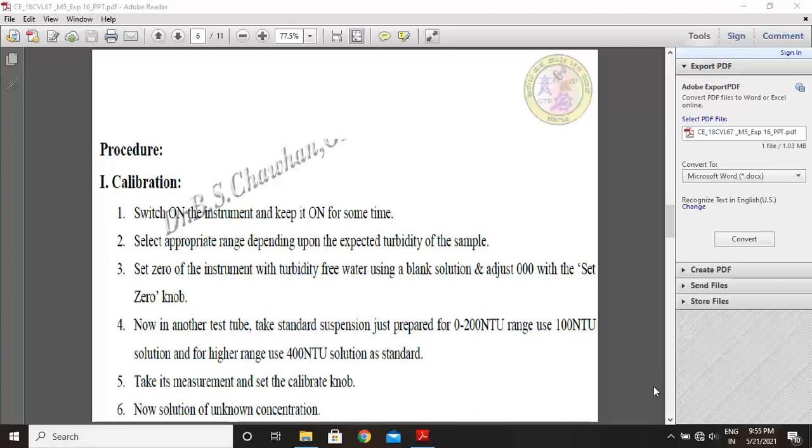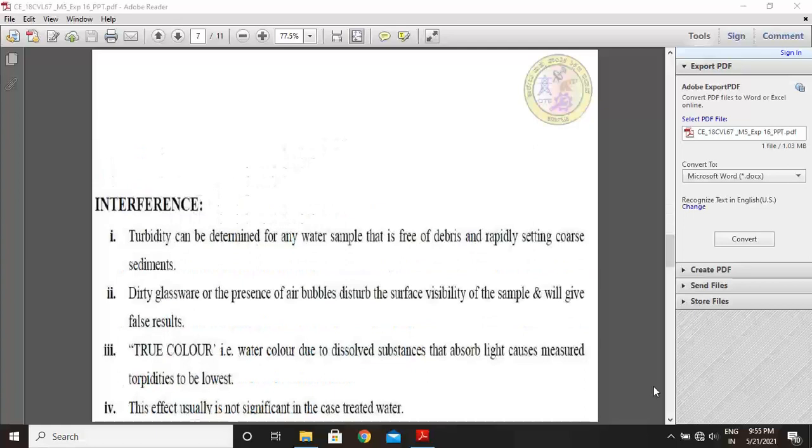Now, for solutions of unknown concentration, you see the interferences. Turbidity can be determined for any water sample that is free of debris and rapidly settling coarse sediments. Second, dirty glassware or the presence of air bubbles disturbs the surface visibility of the sample and will give false results.